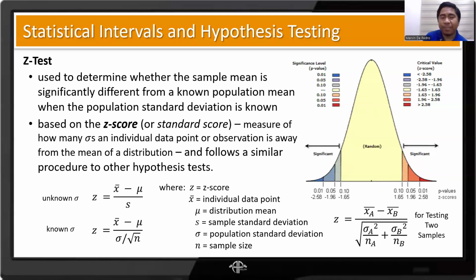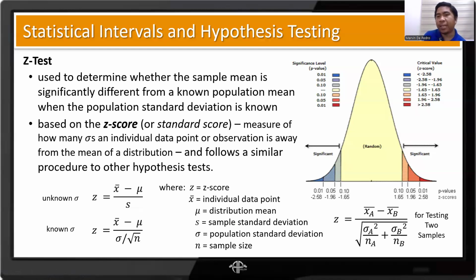Remember, S is the sample standard deviation, while the Greek letter, I think it's sigma, is the population standard deviation. So you have to divide it by the square root of n. That's for one sample tests.